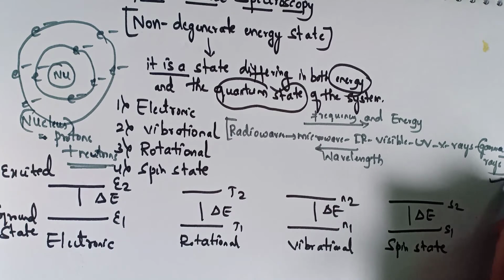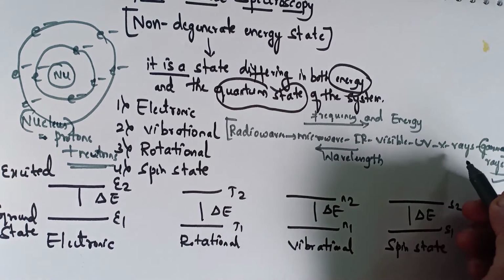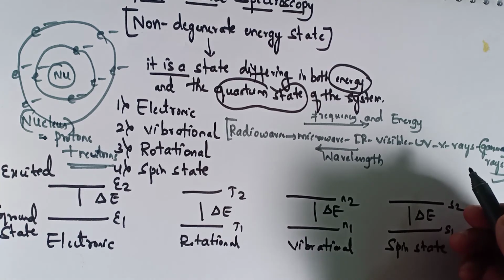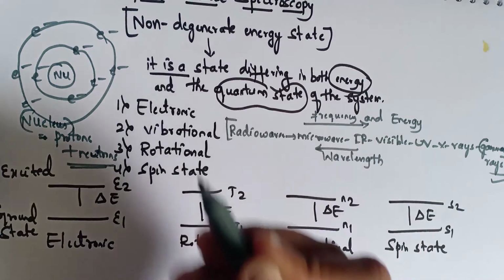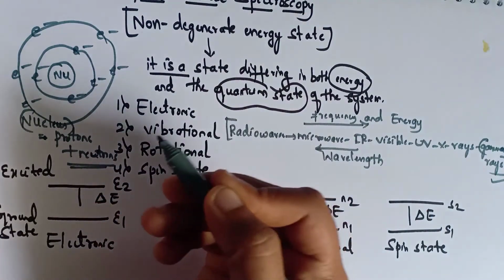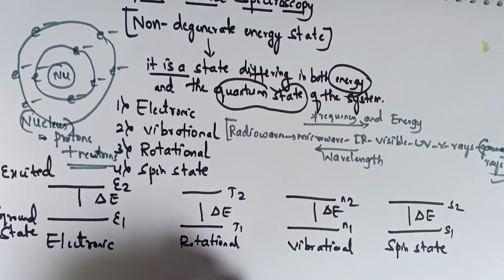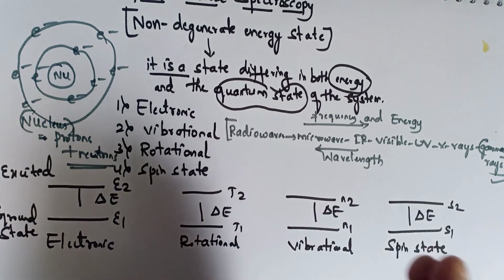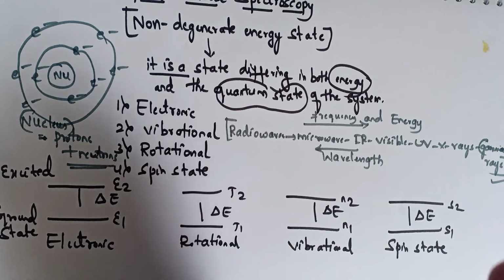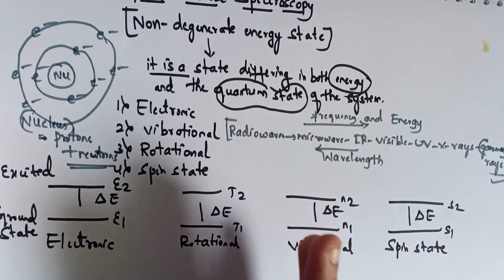This is completed. And then next comes the X-rays. The X-ray energy is less than that of gamma rays. It cannot penetrate into the nucleus, but it can penetrate up to the core electrons of the molecule. Core electrons are the electrons which are tightly bonded to the nucleus, which are not valence electrons.